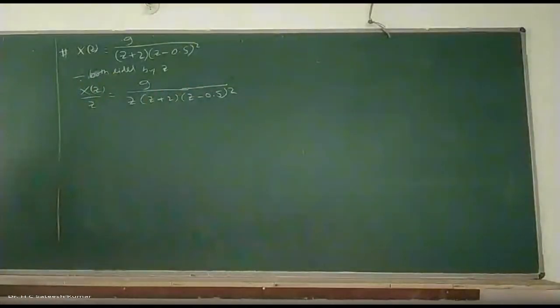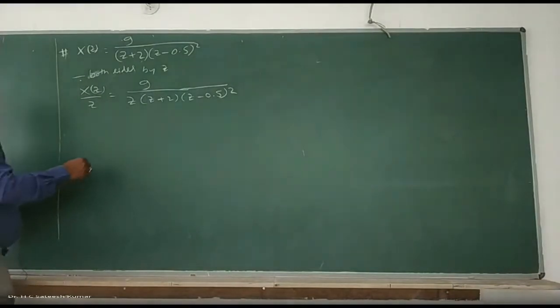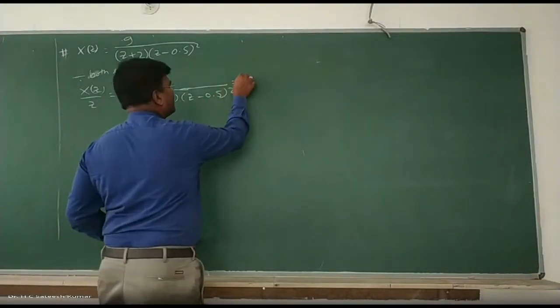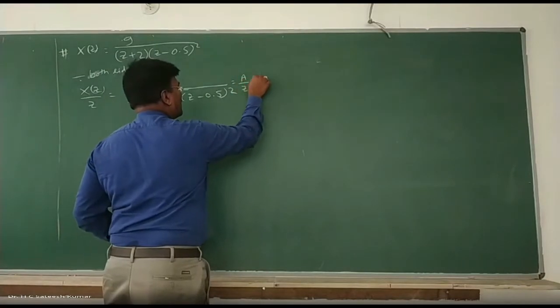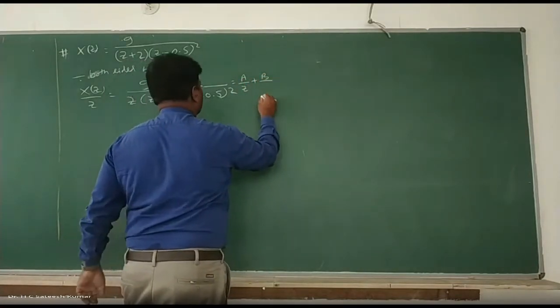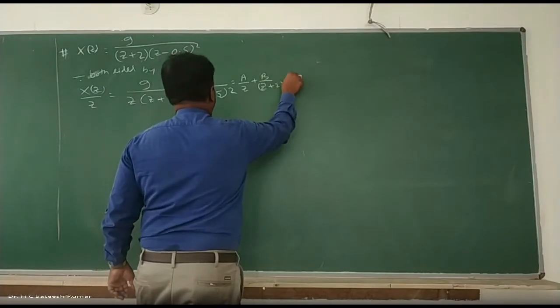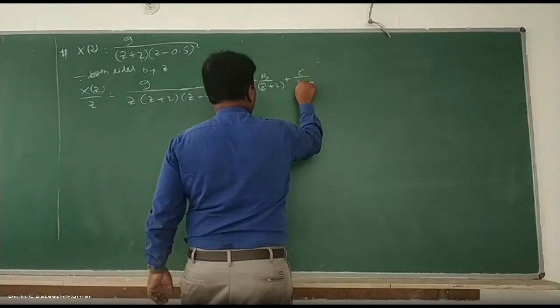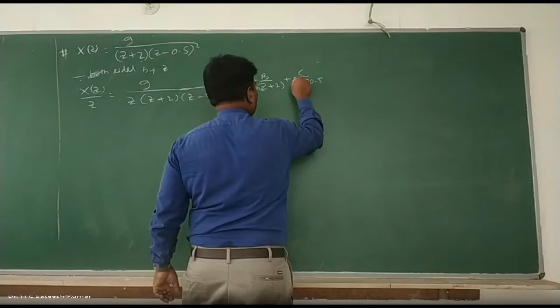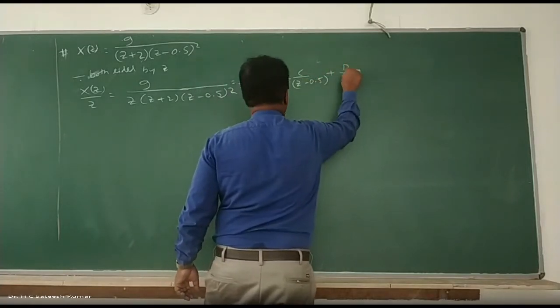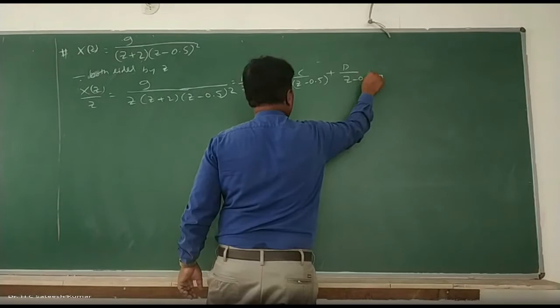How will you do that? So this can be written as what? A divided by z, plus b by z plus 2, plus c by z minus 0.5, plus d by z minus 0.5 whole square.